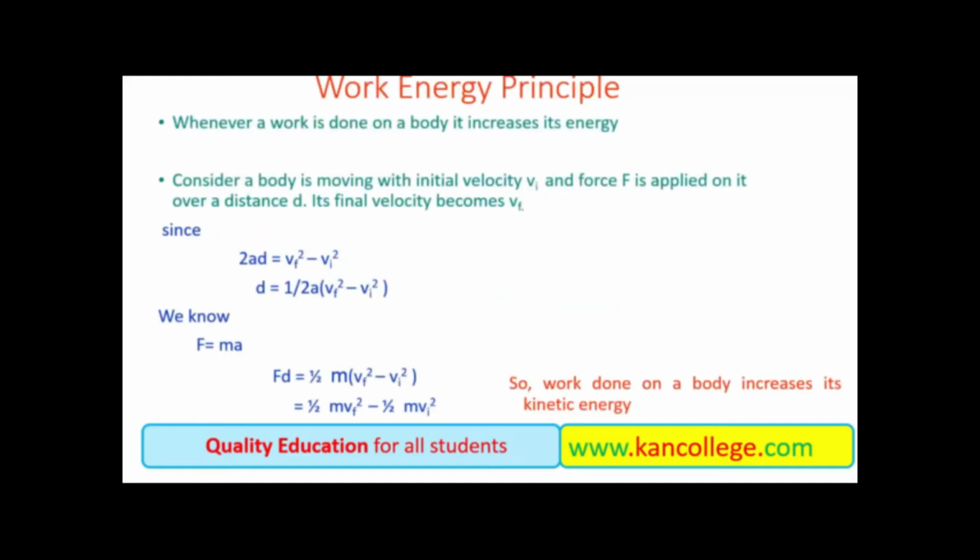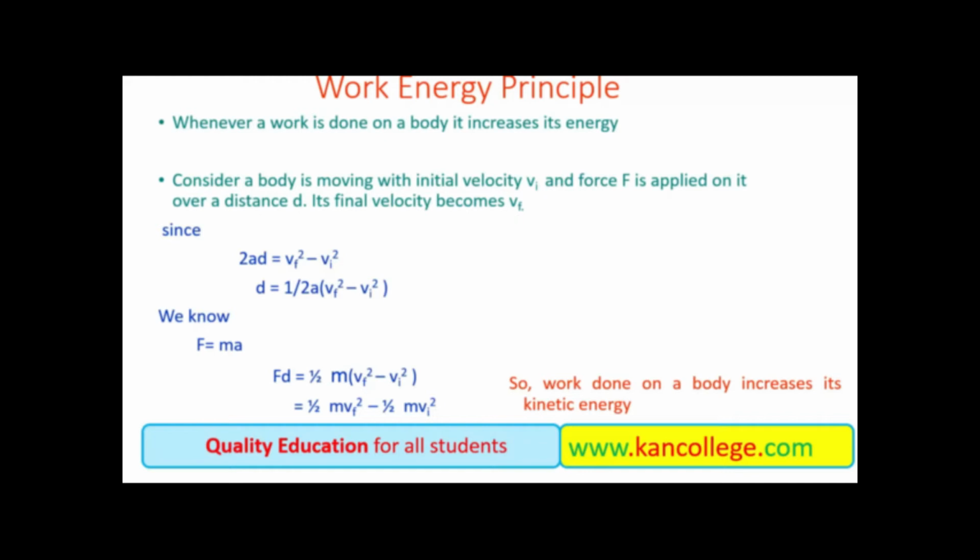Work energy principle. When work is done on a body, it increases its energy. Consider a body that is moving with the initial velocity Vi and a force F is applied on it over some distance d. Its final velocity becomes Vf.